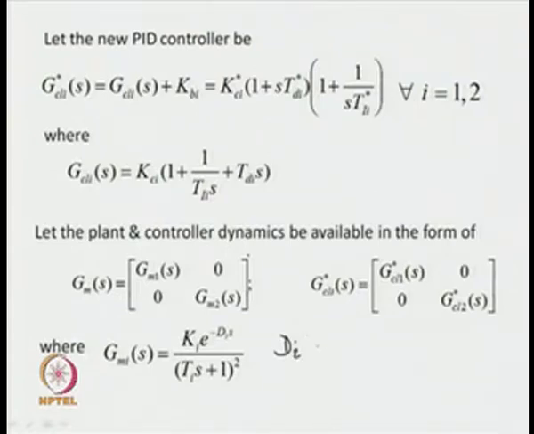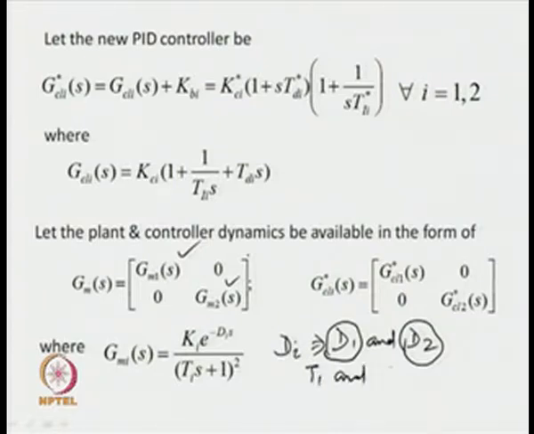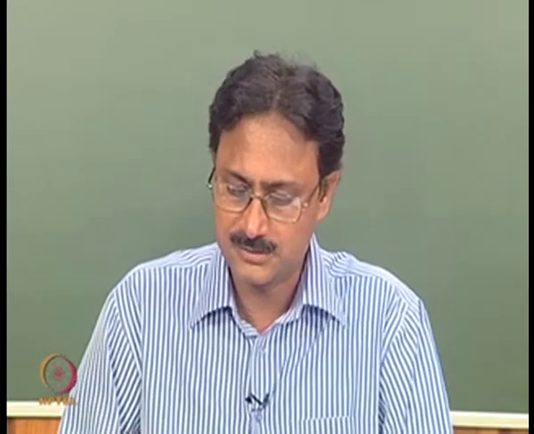So, di gives us d1 and d2, where d1 is the time delay associated with GM1(s) and d2 is the time delay associated with the dynamics GM2(s), and T1 and T2 are the repeated poles or the time constants of the upper loop and the lower loop of the TITO process.